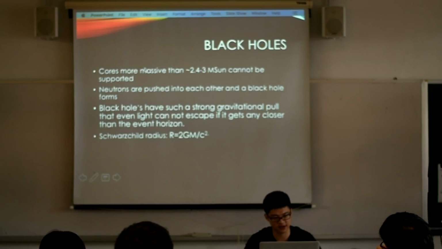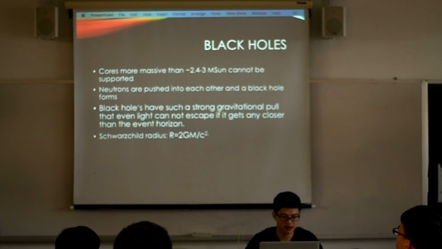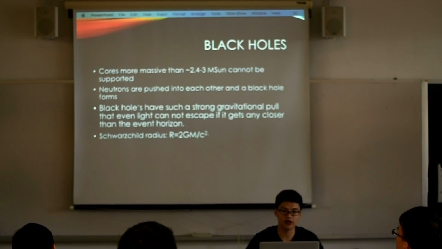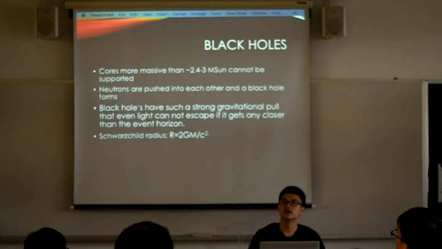If the core is more massive than 2.4 to 3 solar masses, it is not a confirmed value, the neutron degeneracy will not be able to support the star. The star will be too massive to exist as a star anymore, and a black hole will be formed.